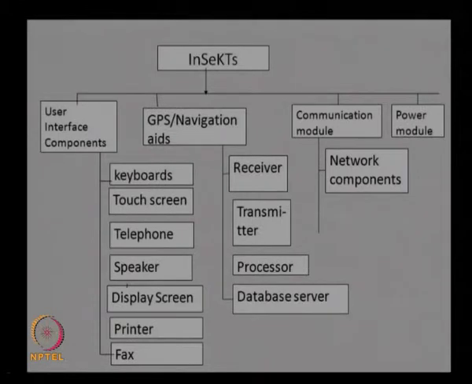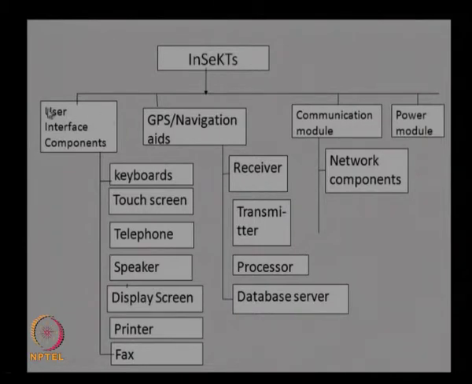So what we have shown here is a generic physical architecture for the insects system. As you can see, there are multiple sub functions we need to provide in the system. I have not shown the complete diagram here because of the lack of space to show the whole structure.